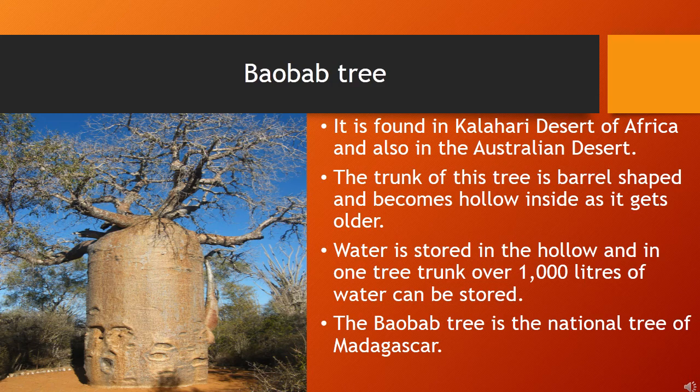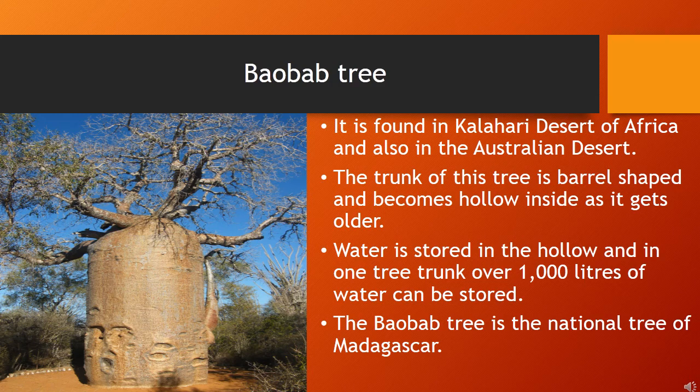The trunk of this tree is barrel shaped, as you can see on the screen, the tree looks like a big barrel, and it has a few trunks over that barrel shape, and it becomes hollow inside as it gets older and older. This tree has a very long life. Water is stored in the hollow, and in one tree trunk it is said that over 1000 liters of water can be stored.